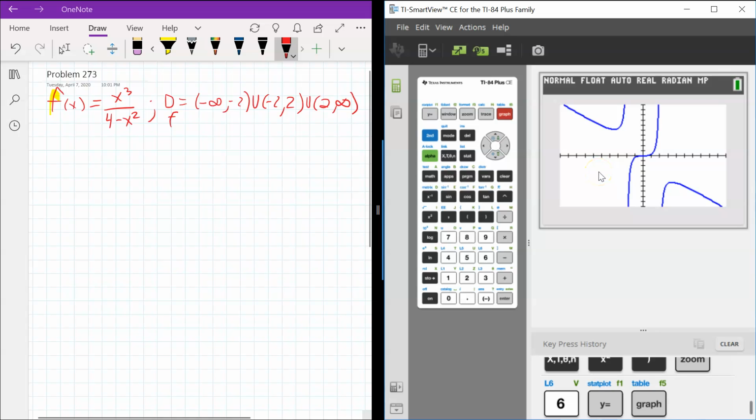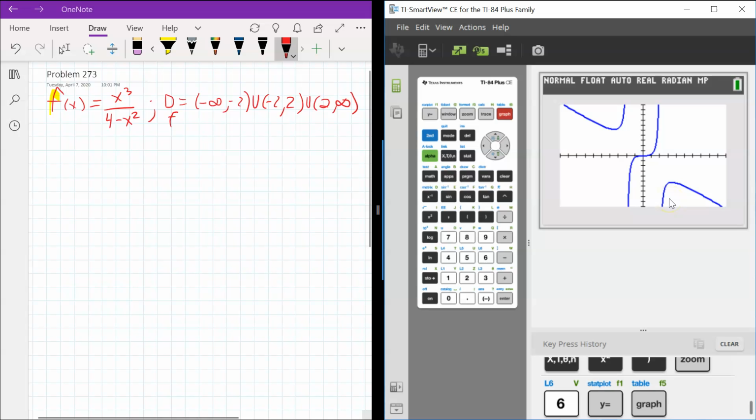Since the denominator vanishes at -2 and +2, we expect there to be vertical asymptotes. We're going to have a vertical asymptote at -2 and another vertical asymptote at +2.